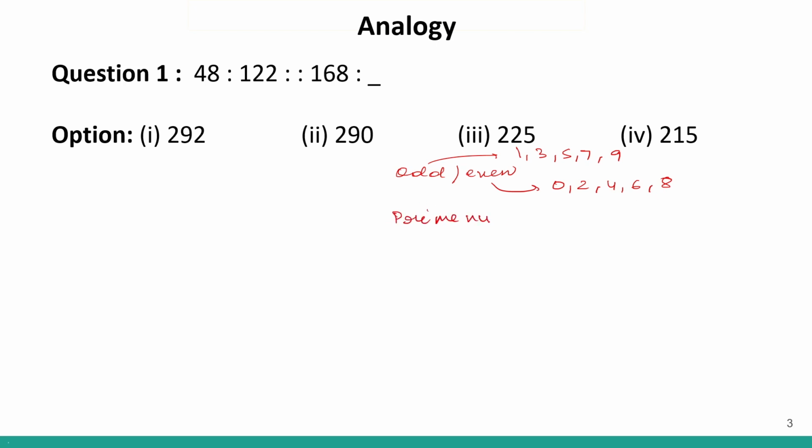Prime numbers, at least from 1 to 100. What are the prime numbers between 1 and 100? How many prime numbers are there between 1 and 100? There are 25 prime numbers between 1 and 100.